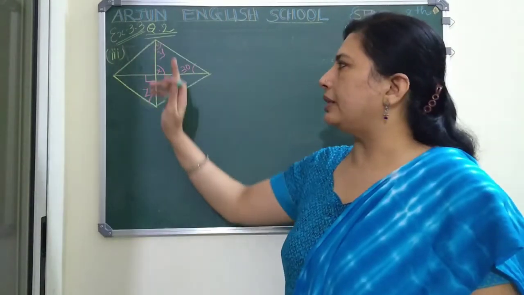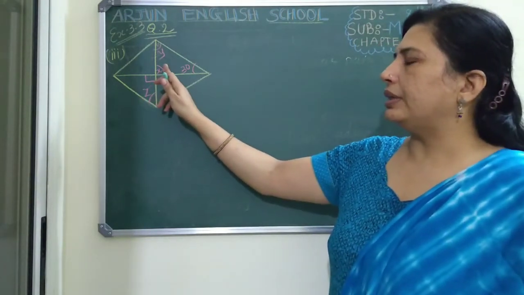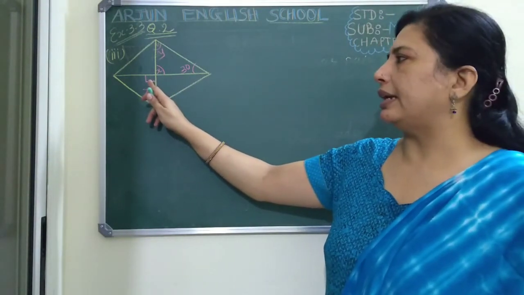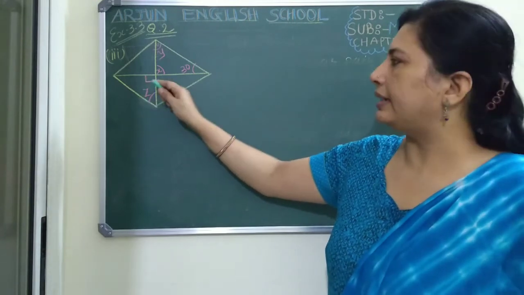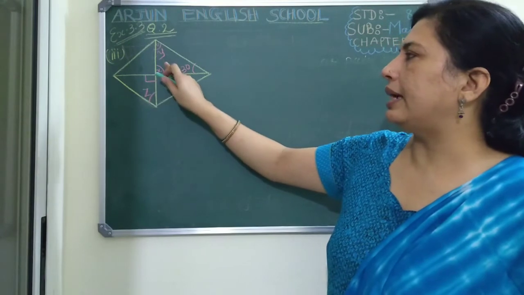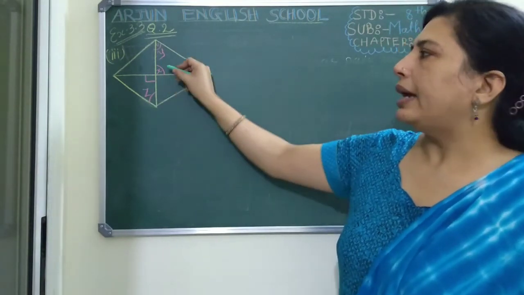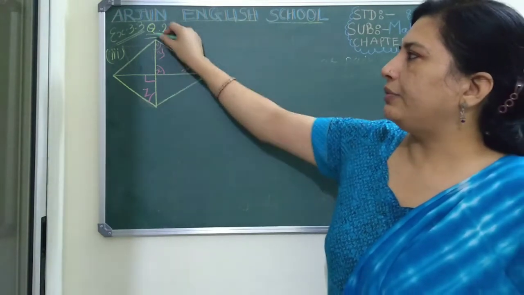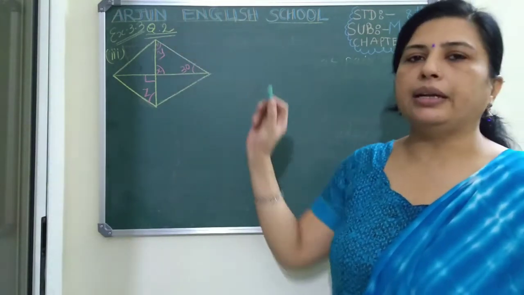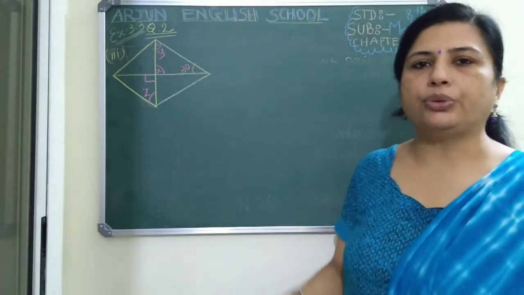In question number 3, we can see that X is the vertically opposite angle of this angle, and this angle is 90 degrees as we can see this sign. So if this is 90 degrees, then the vertically opposite angle X will be 90 degrees. Then we can use the angle sum property: Y plus X plus 30 is equal to 180.